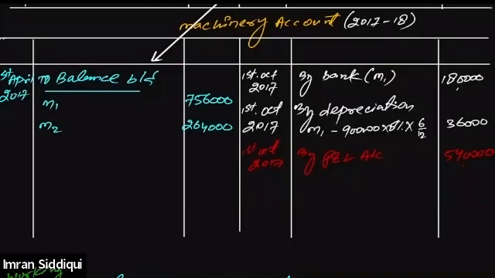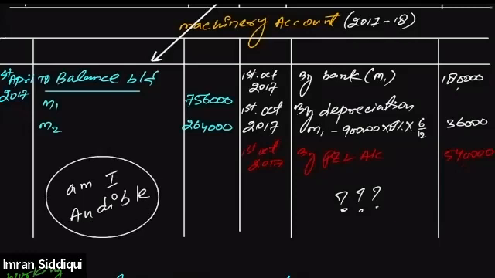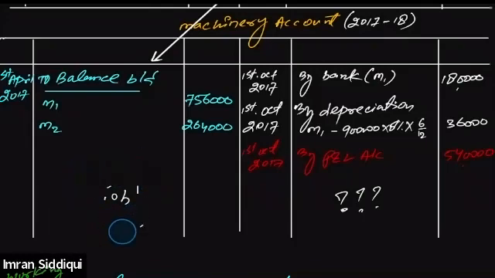Hello. Yes, Vanisha, I'm speaking. All of you, am I audible? Yes or no? Please confirm. Yes, sir. Okay, I think Vanisha is not able to hear me. If you are able to hear me, then let me know on which side of the account I should record the purchase of new machinery.